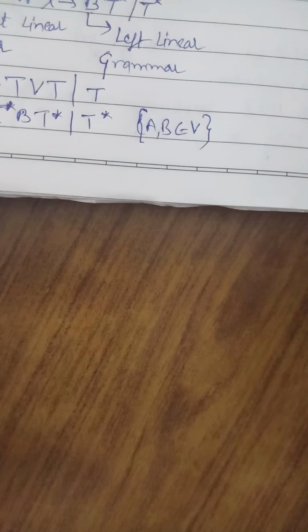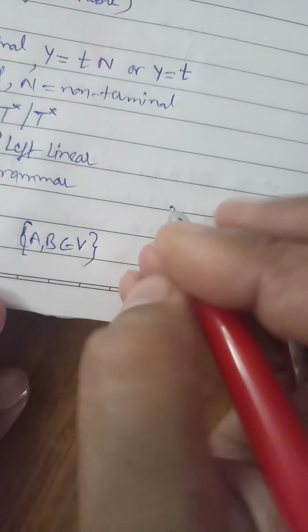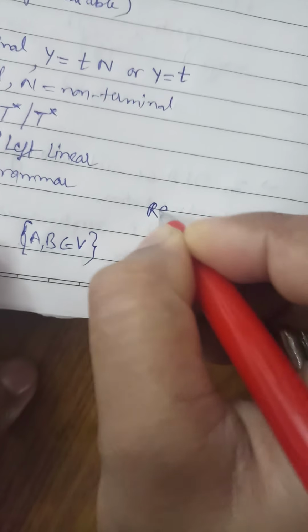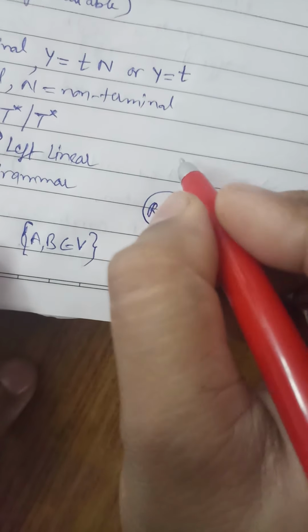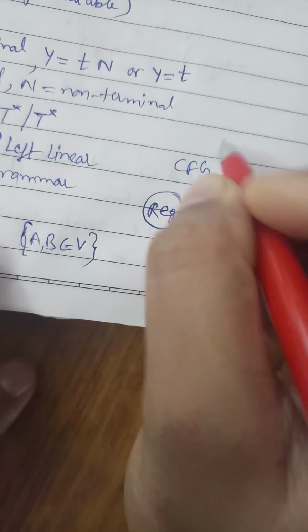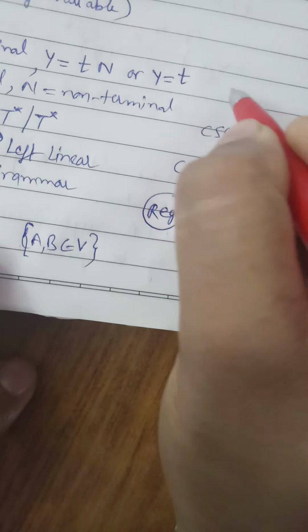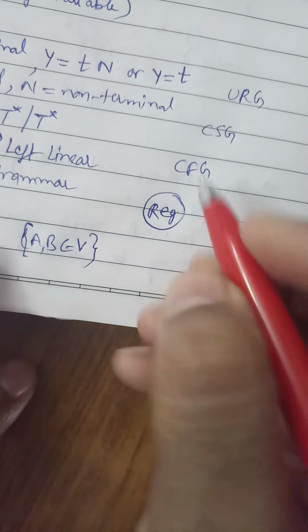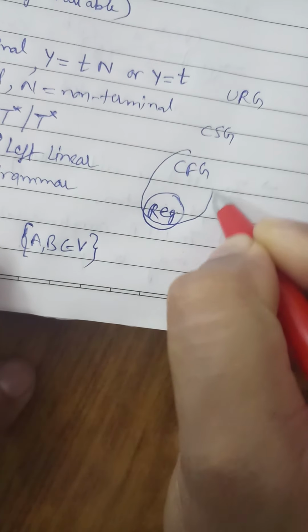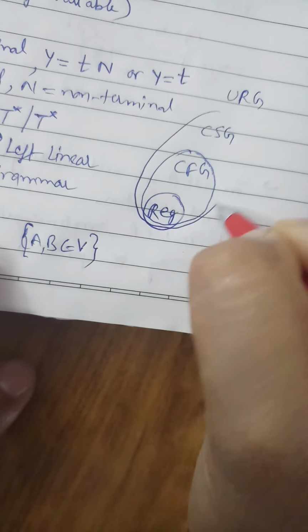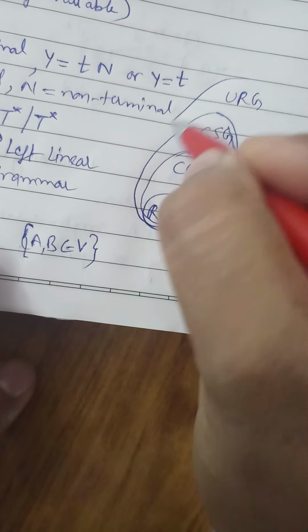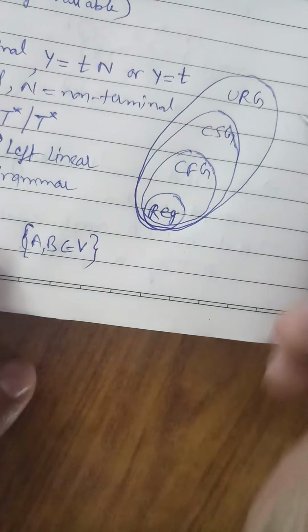And in the simple way, as we know the Chomsky hierarchy, initially we start with the regular grammar, then we move to the CFG, then CSG, then the unrestricted grammar. So where does linear grammar come?